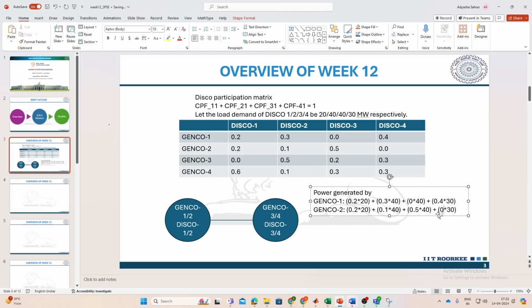Similarly for the third GENCO, it is 0 of 20, 0.5 of 40, 0.2 of 40, and 0.3 of 30.